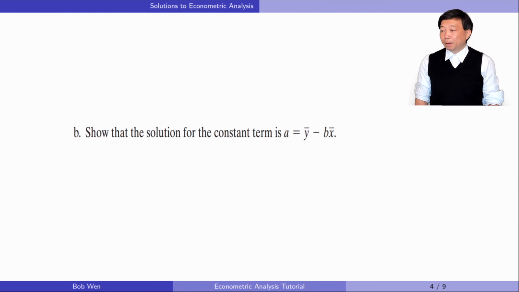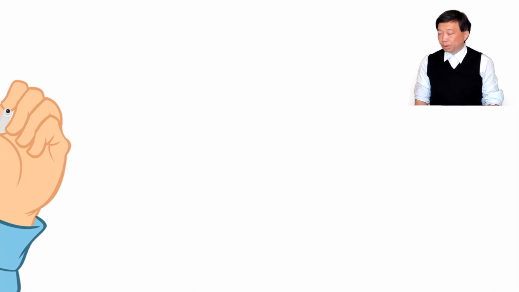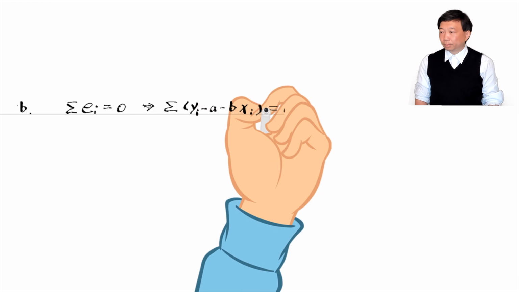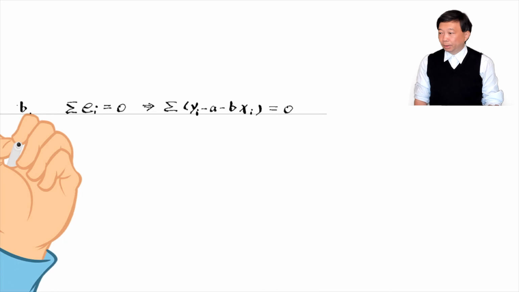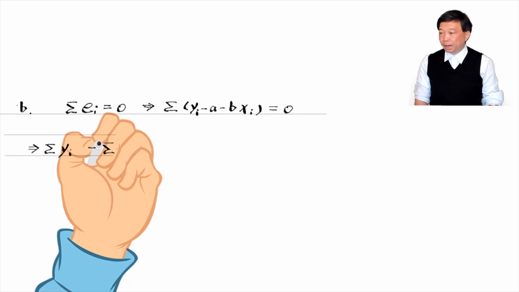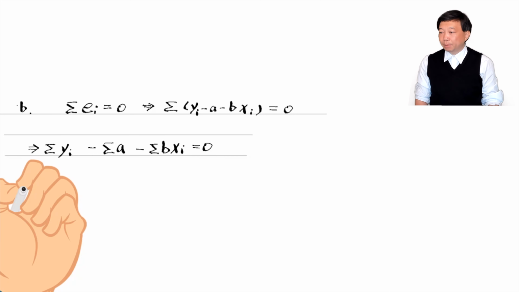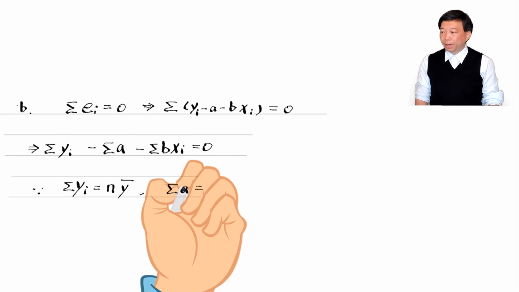Let's solve part B. It is about the solution for the constant term. It comes from the first result in part A. The sum of residuals is 0. Substituting the expression for the residual and using the fact that the sample sum equals n times the sample mean, we can reach the answer.